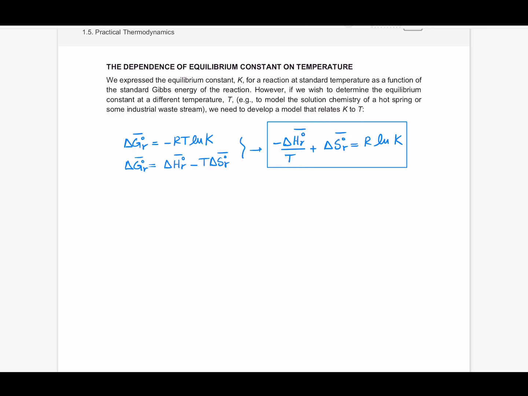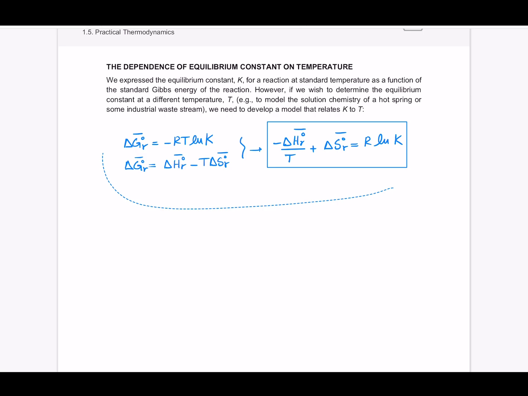But the problem with this one is that we don't know much about the entropy of the system and the change in the entropy of the system. So if we can somehow get rid of this entropy factor and rely on delta H, because we know delta H is eventually related to Q, then it would be more straightforward to play with.